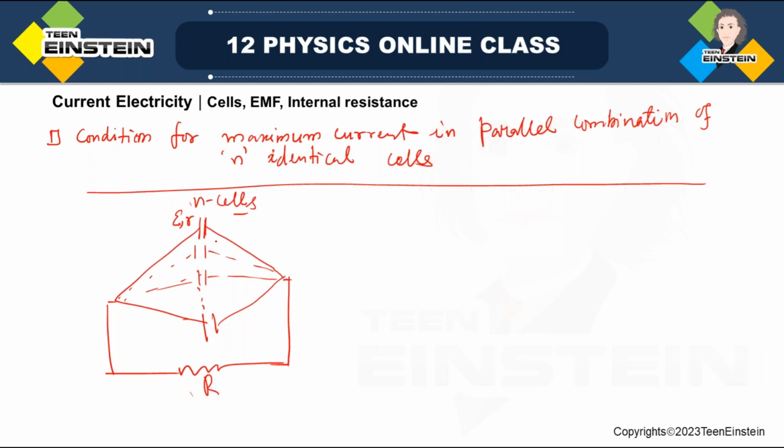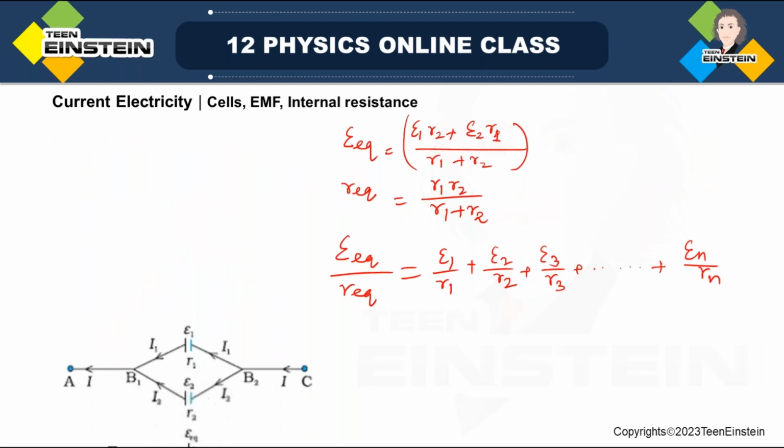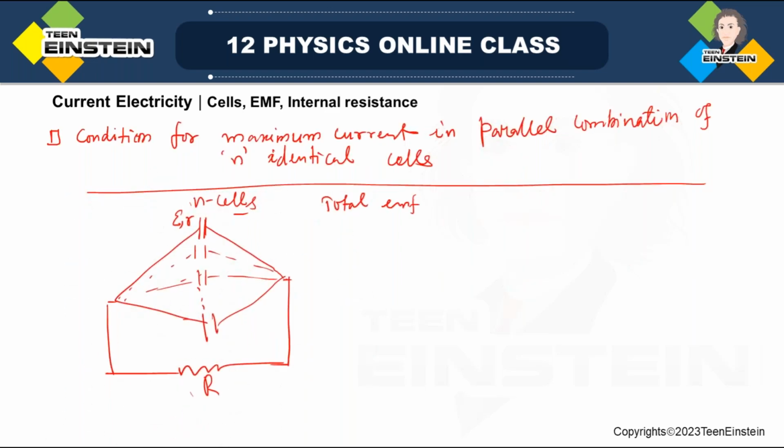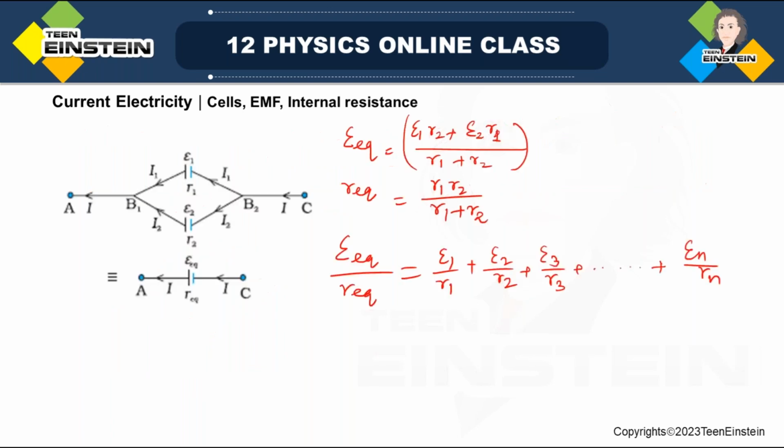So in this case, what is the total EMF? When the cells are identical, then the total EMF will be the same as E. Why is it?